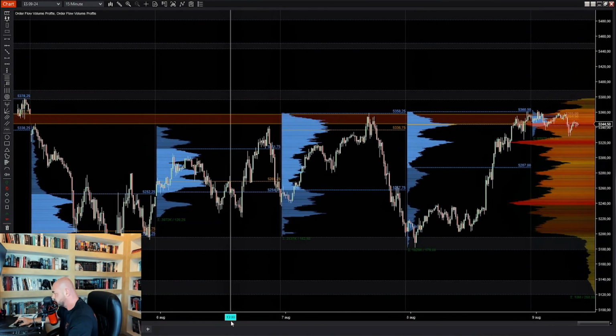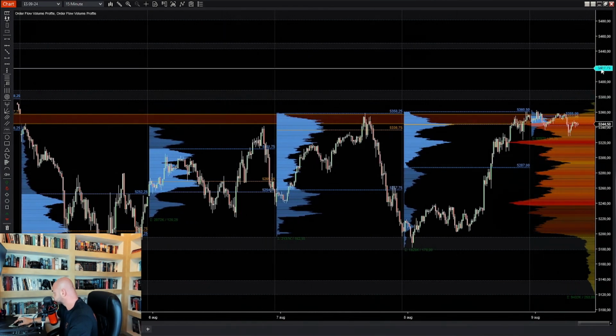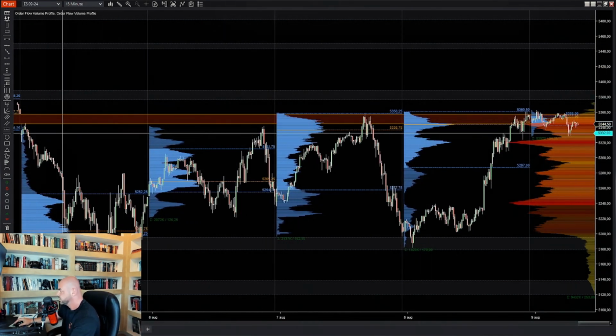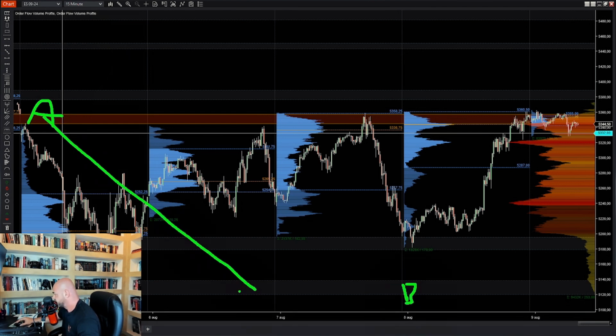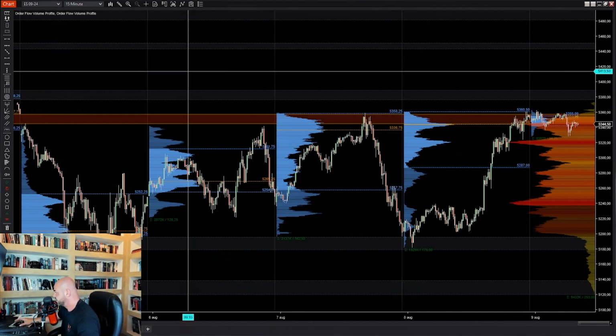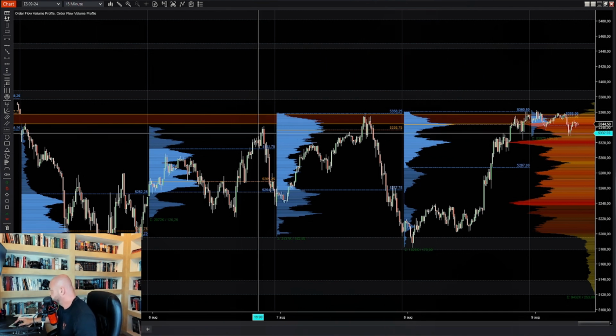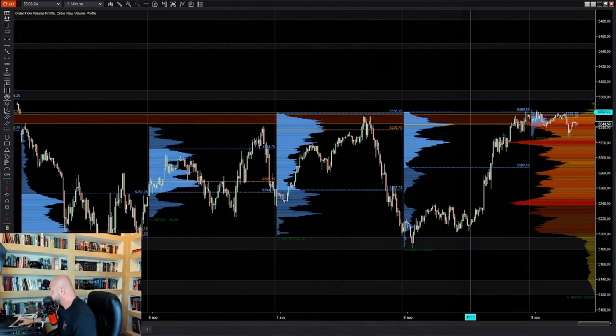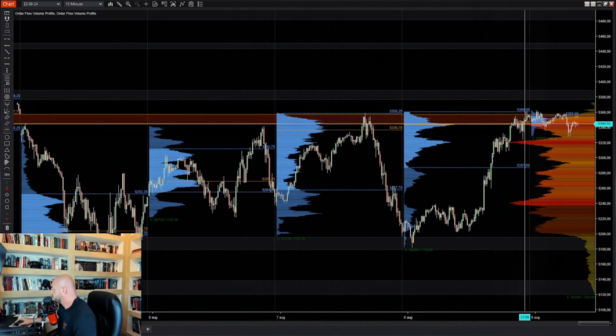So we're going to zoom in a little bit on this 15-minute chart. As you can see, now we are building an A to B price range. This is our price range right here, where we are building now 1, 2, 3, 4, 5 days in a row. We see that price has a lot of difficulty going above this gap.